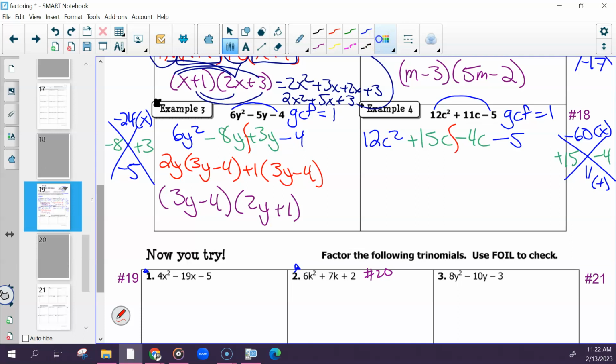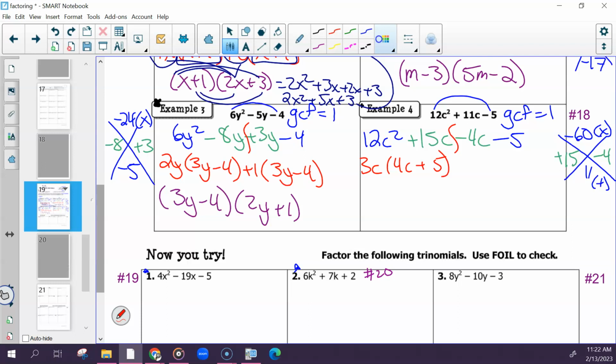What do those first two have in common? 3c. If we divide that out of both of these, what's left? 4c plus 5. And then, can we take anything out of those last two?